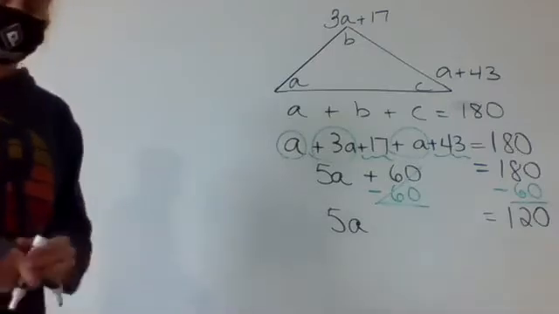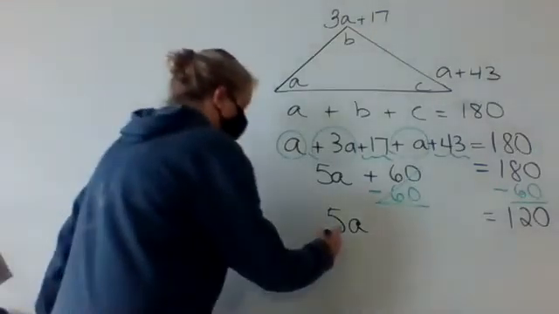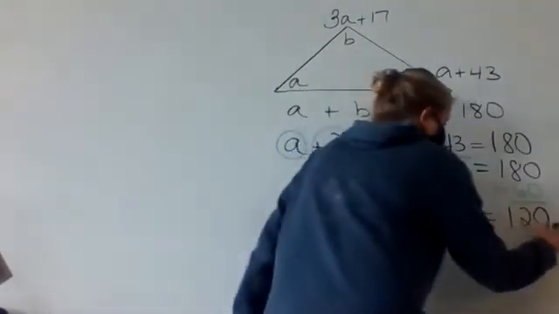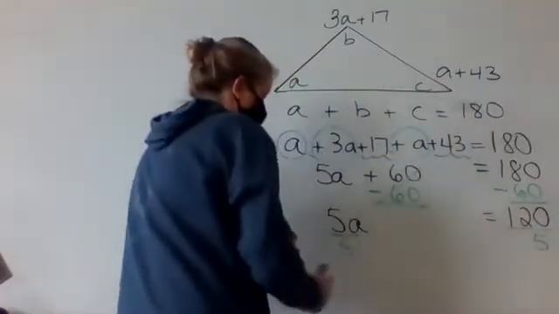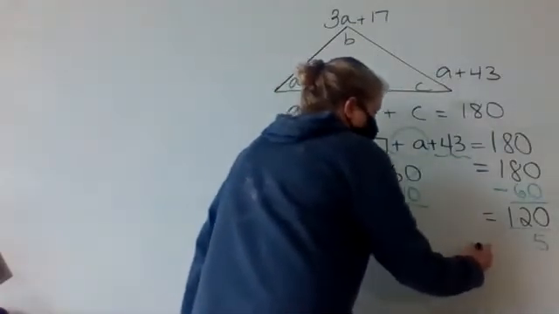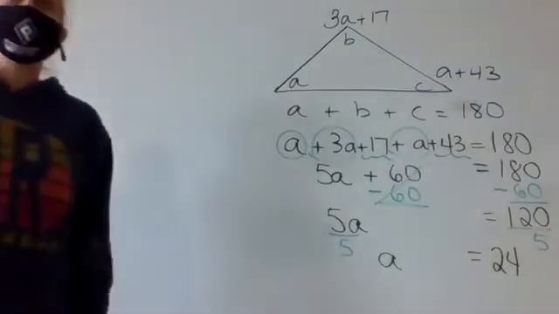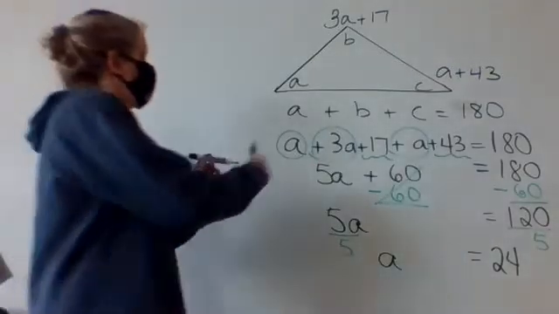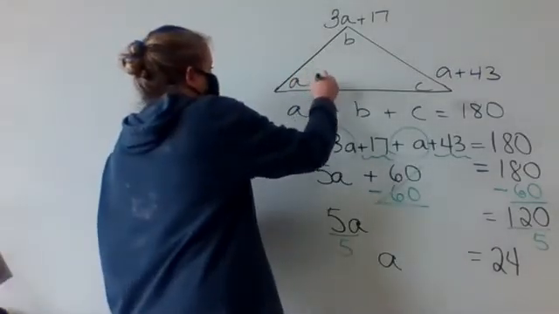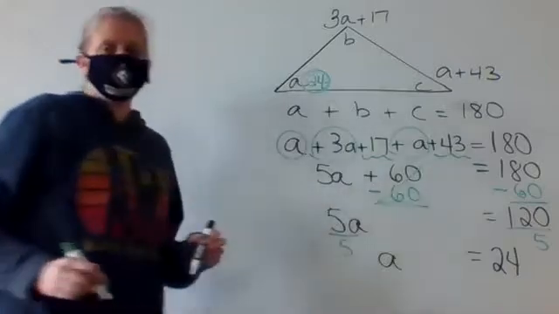So now can't I solve this for A by dividing both sides by this 5? So now all I'm left with is A equals 24. So I know what angle A is now. It is 24. So there's angle A.